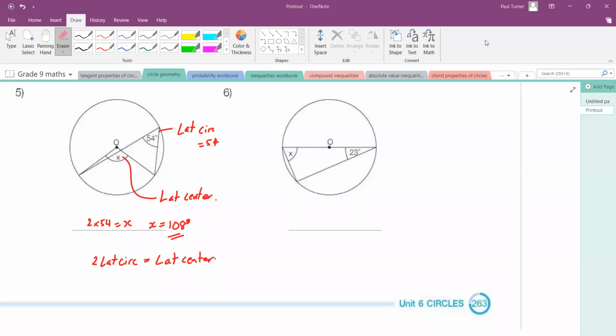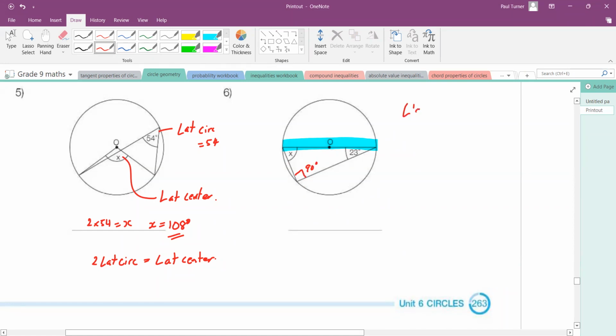Right, so in question 6 here, we have what looks to be a diameter line, which is implying that this angle down here is 90 degrees. Okay, so our rule to tell us this is 90 is angles in a semicircle.